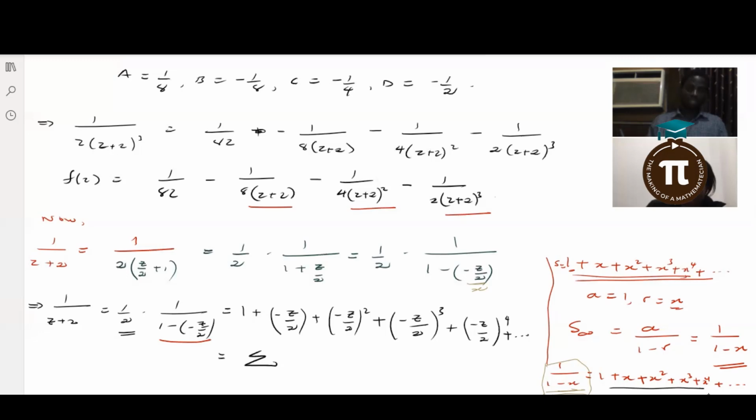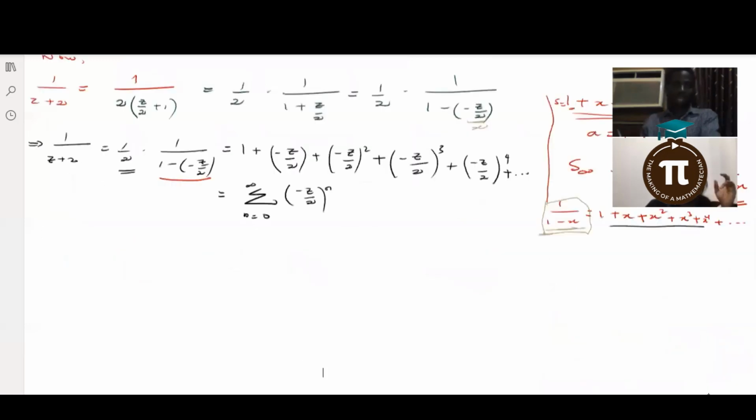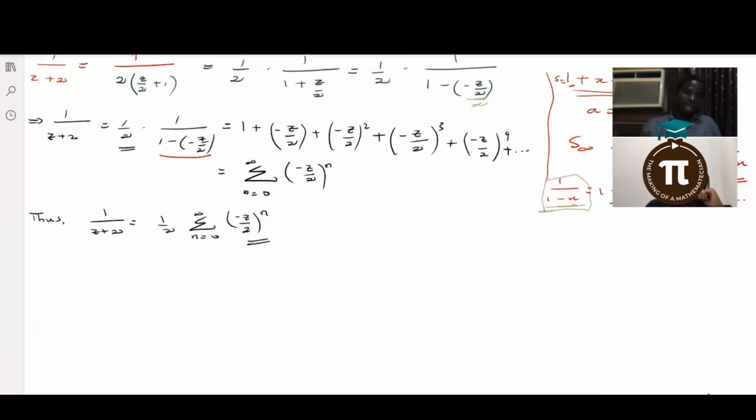If I want to write this using summation, I say summation from n starting from 0 to infinity of minus z over 2 raised to power n. So I can leave my answer this way, whichever one is fine, or I write completely. Now I'm done with that first case.